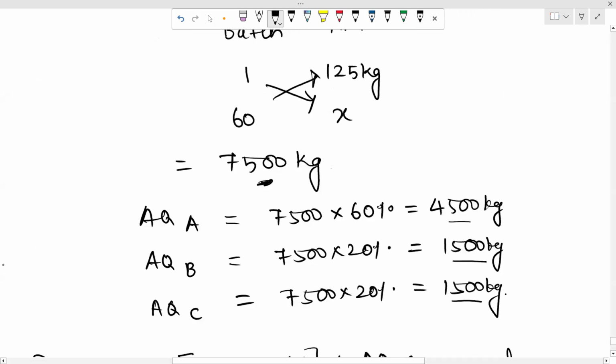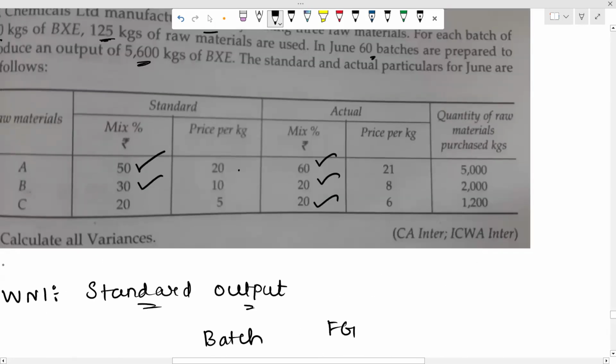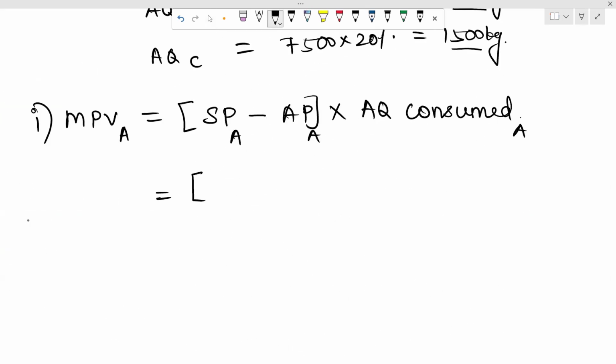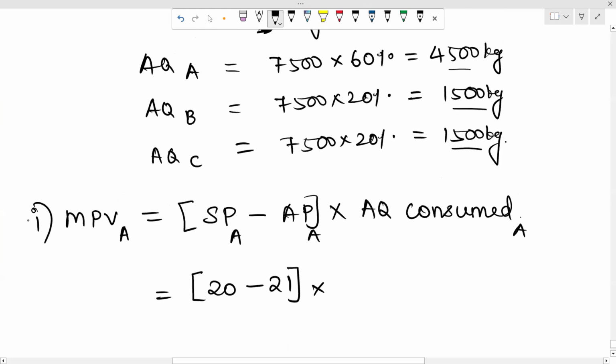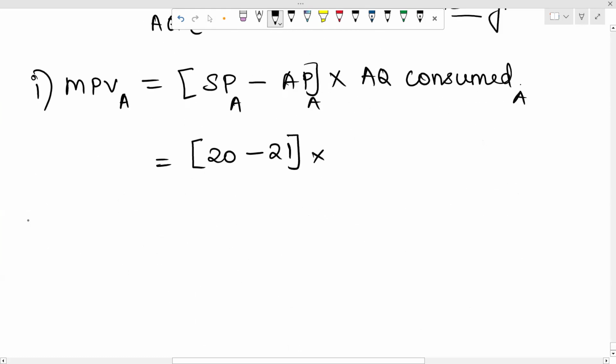So what is the standard price of A given in the question? It is rupees 20 per kg and actual price is 21 per kg. So standard price is rupees 20 minus actual price 21, and actual quantity of raw material A consumed is 4,500 kg, so multiplied by 4,500.